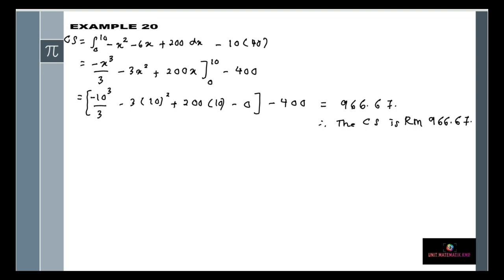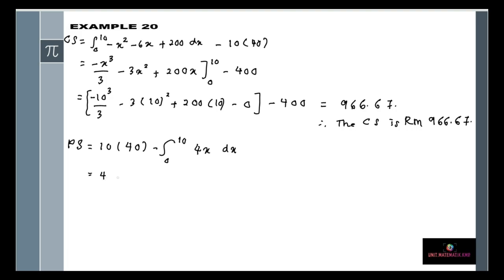That is our consumer surplus. Next one is our producer surplus. So PS equals x naught multiplied by y naught minus the integral from 0 to 10 of the supply function, which is 4x, dx.